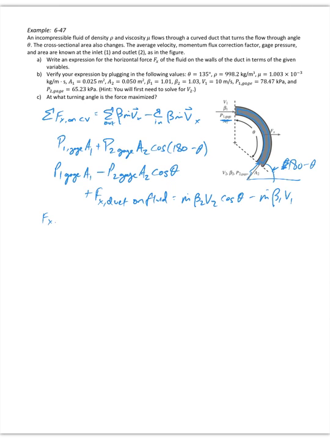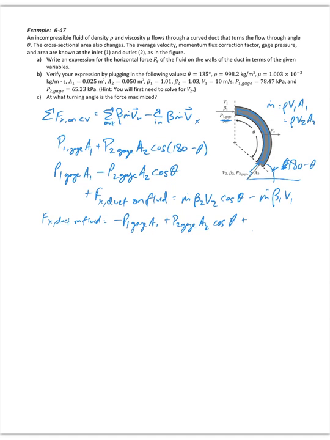F sub x duct on fluid equals negative P1 gauge A1 plus P2 gauge A2 cosine theta plus, and here I'm going to replace m dot with, m dot is equal to rho v1 a1, which equals rho v2 a2.